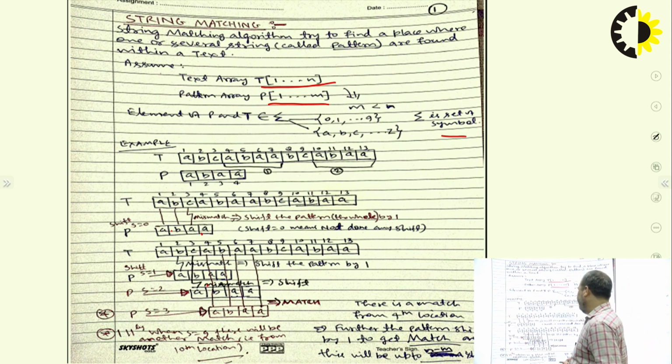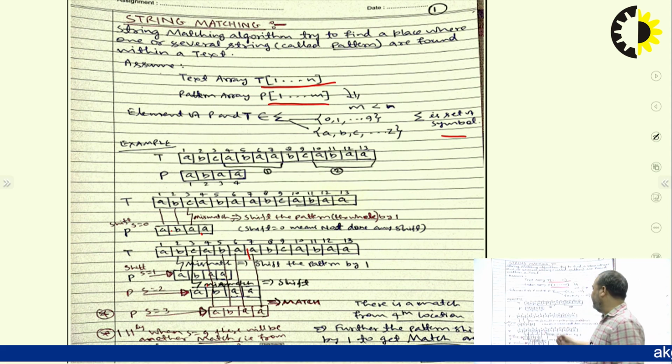Again we shift, S becomes 3. Here A in the pattern matches A in the text, B matches B, the third character A matches A, and the last character A matches the seventh character of the text, A. So the whole pattern is matched with the text, and we get the right place: at shift 3 we have a match.